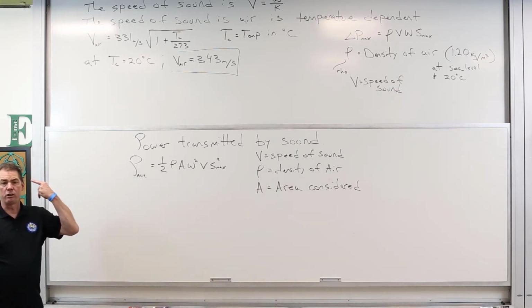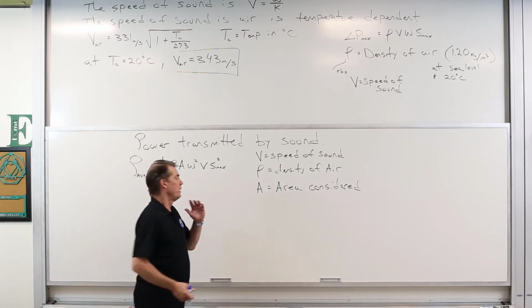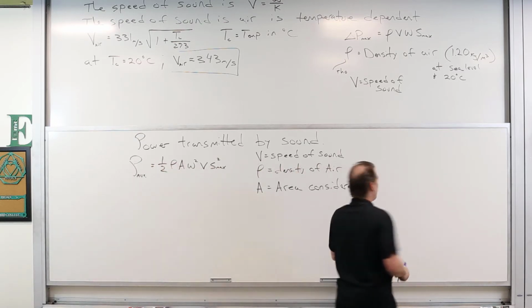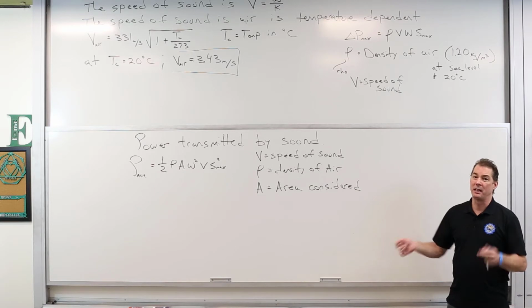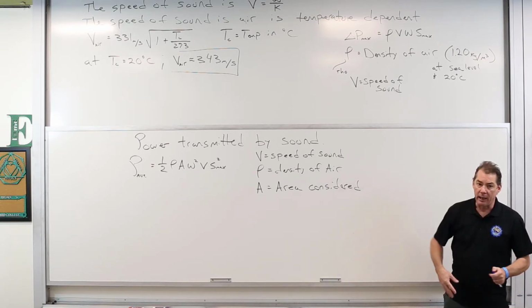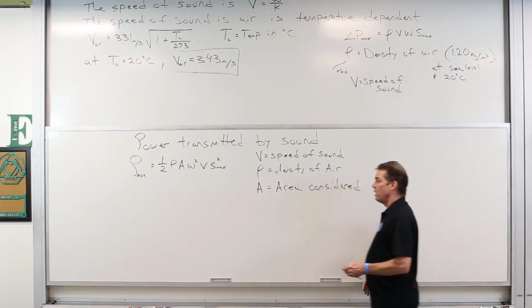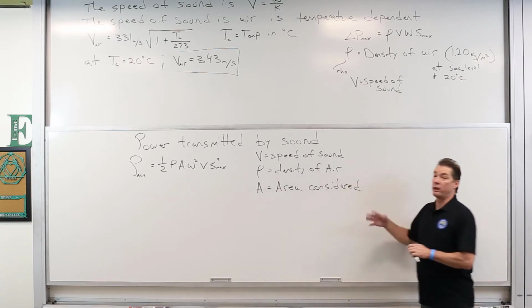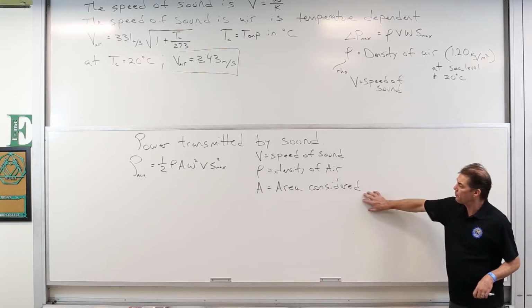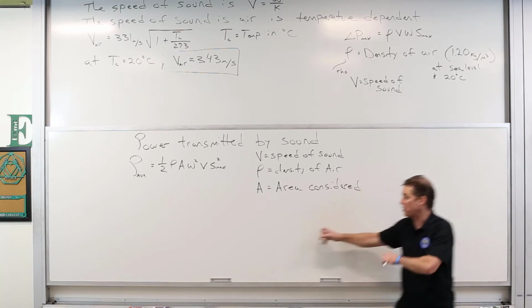Maybe it's the area of your eardrum, and you want to talk about the energy per unit time arriving at your eardrum, which would be the power. Or you're talking about the source producing it, some speaker vibrating back and forth. The speaker has some area that undergoes the vibrations that's producing the sound, and that would be the area under consideration. So it is dependent on the area, not the amplitude of the oscillations.